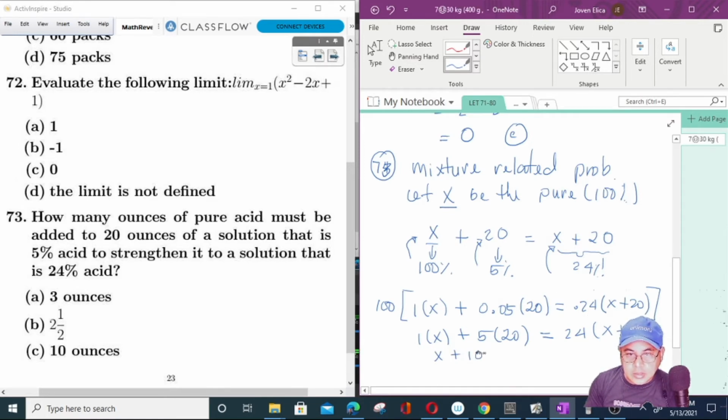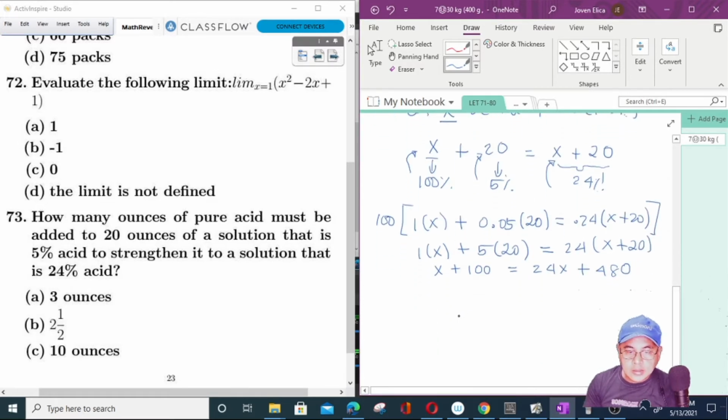This is 100, 5 times 20 is 100, equal to 24x plus 24 multiplied by 20 is 480.